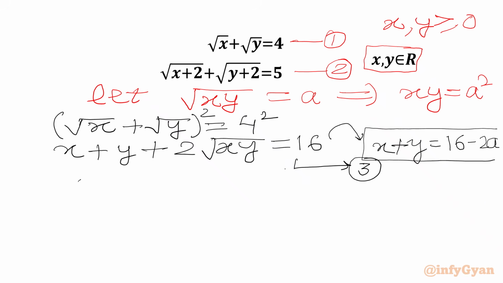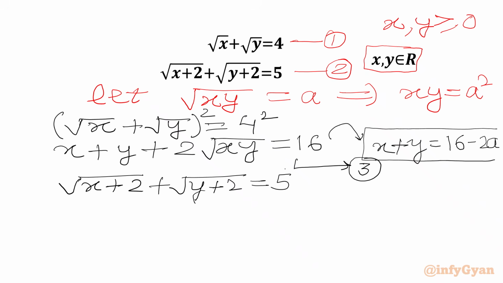Now we have equation number 2, square root x plus 2 plus square root y plus 2 equal to 5. Again we have to do squaring both sides. So we will put here part 2, put here part 2.